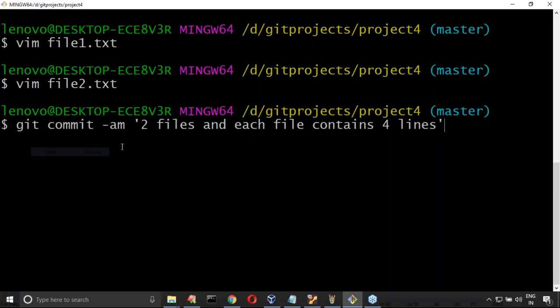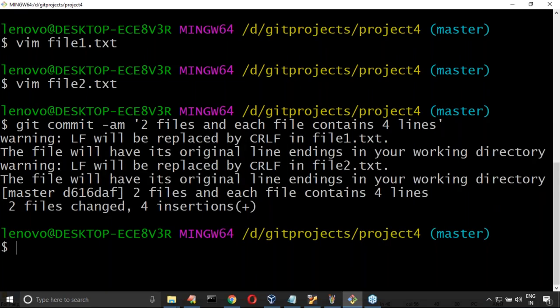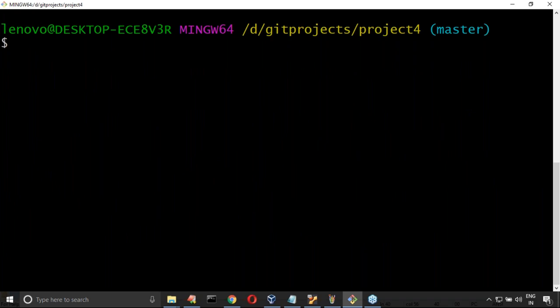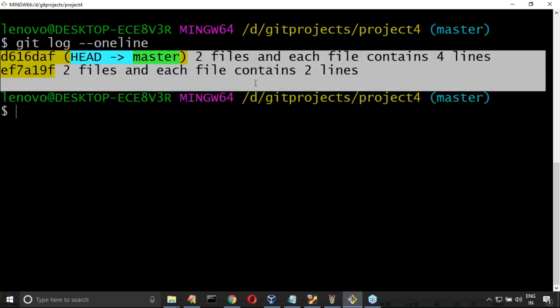In Linux I covered, right? Multiple options are there, we can combine them into a single option. Okay, happy. Currently how many commits are there? Two commits, right? So where is the proof for that? Git log --oneline I'm taking. Yes, exactly, two commits are available.